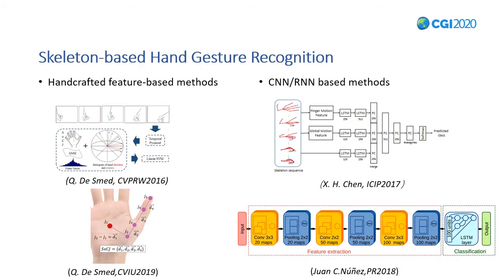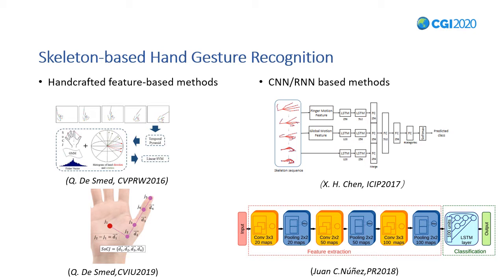Related work. Existing hand gesture recognition methods can be divided into two categories: handcrafted feature-based methods and deep learning-based methods. Handcrafted feature-based methods encode the hand skeleton joint sequences into features manually designed for specific problems, while deep learning-based methods first encode the skeleton sequences into feature vectors, and then feed them into RNN or CNN to extract spatial temporal features.